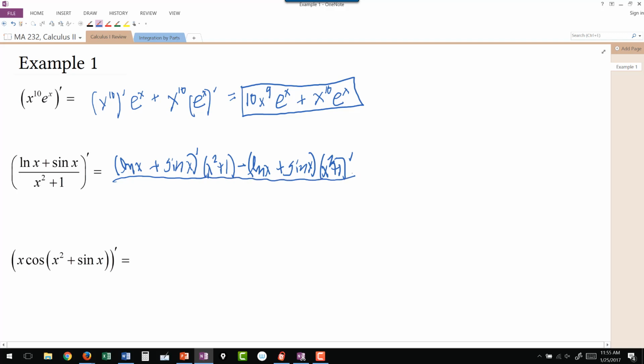And all of that is over the square of the denominator.